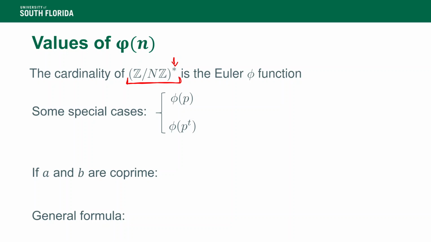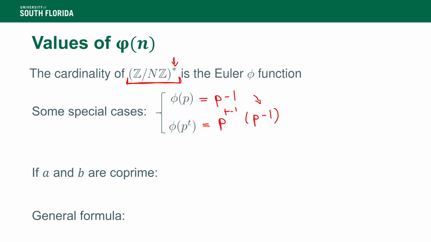In the simplest case, phi of a prime p is p minus 1. And phi of a prime p to the t is p to the t minus 1 times p minus 1. You see, of course, that the second expression generalizes the first one for t equals 1.